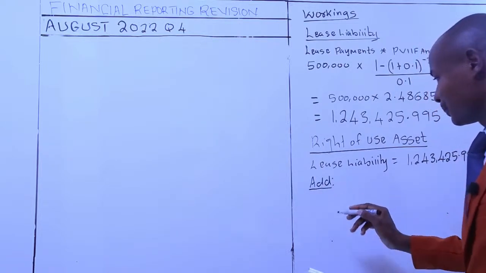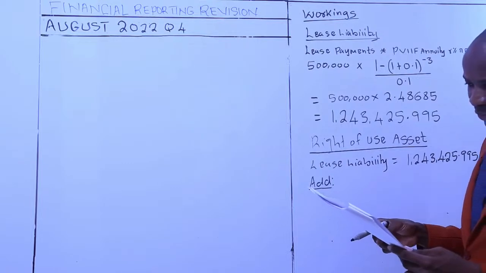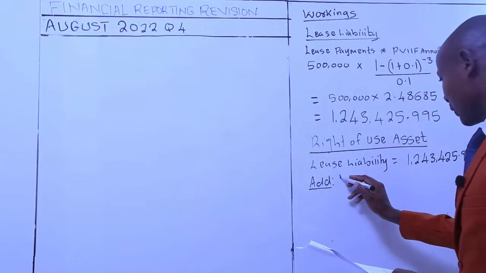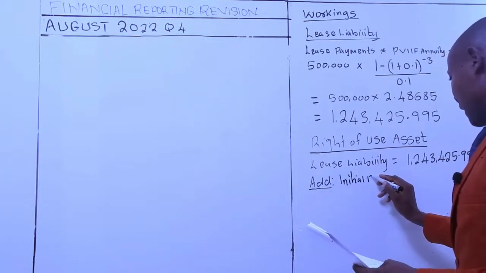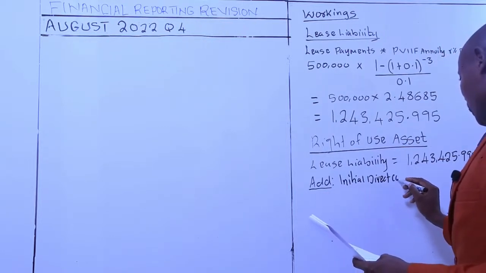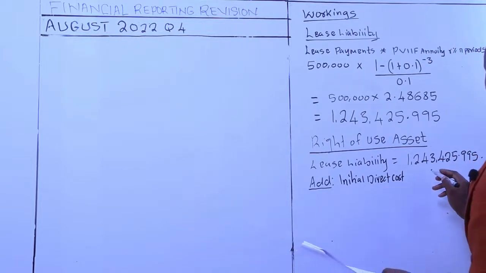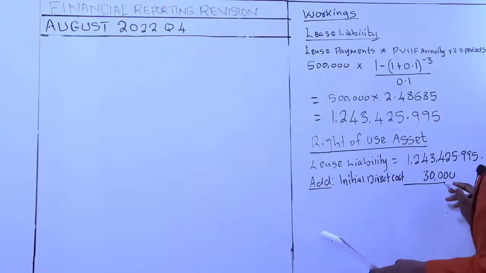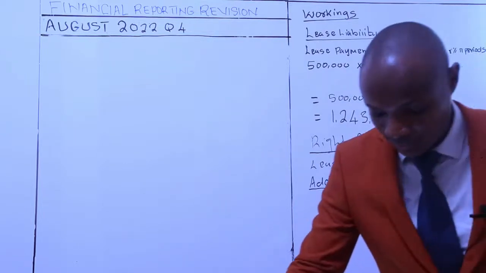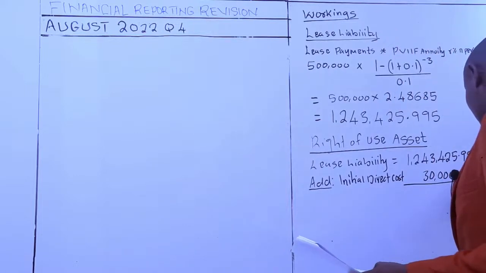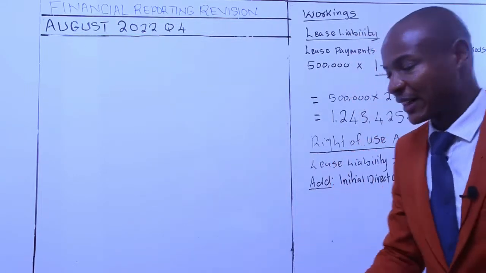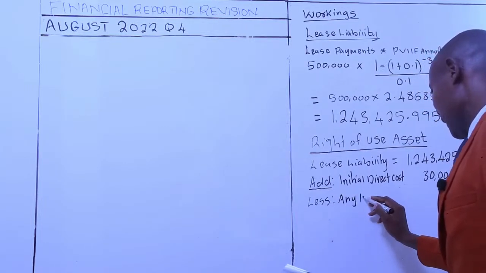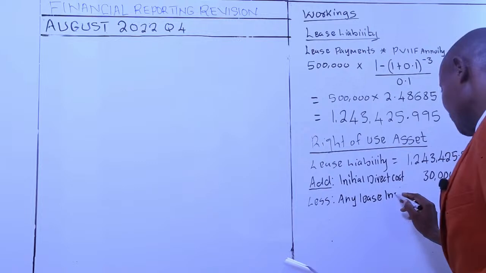Add, from that we want to add the initial direct cost, and the initial direct cost amounted to 30,000. Before we get the total, you are supposed to deduct any lease incentive, less any lease incentive if given.